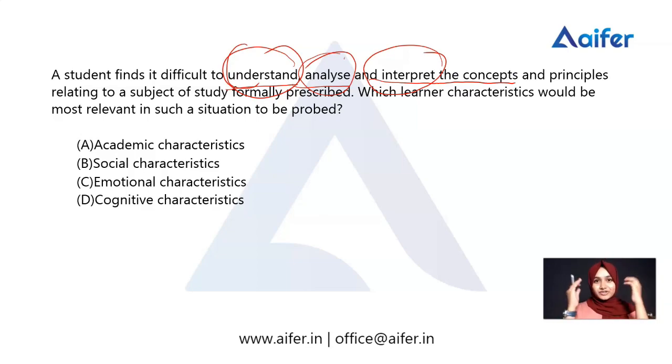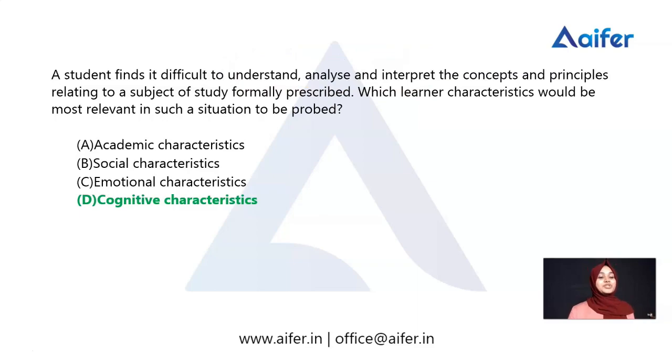So this kind of information processing is done in our brain with our cognitive potential. So here the features focused are understanding, analyzing, and interpreting some kind of information, which clearly comes under the cognitive domain. So yes, the correct answer will be option D, cognitive characteristics. I hope that one was easy.